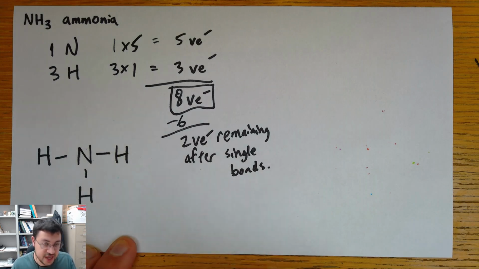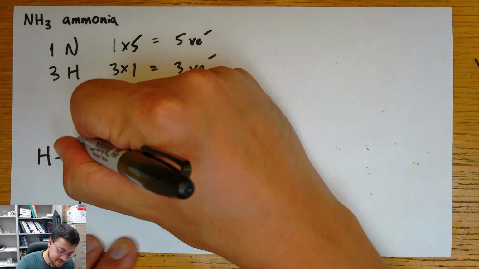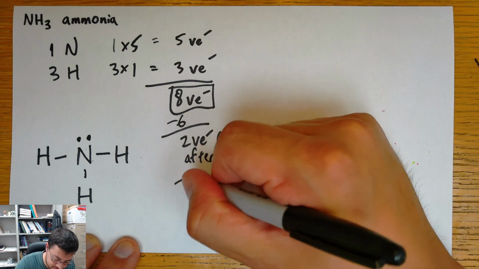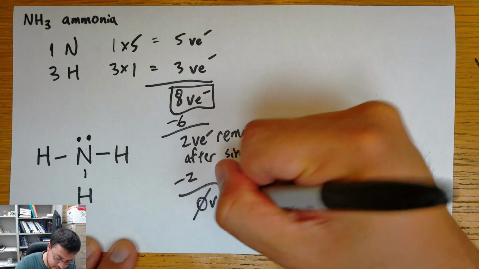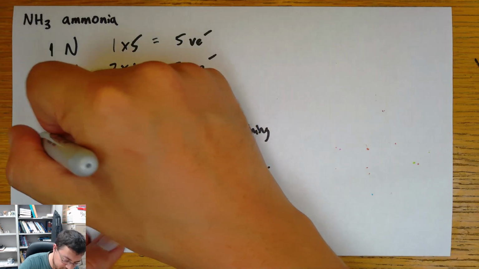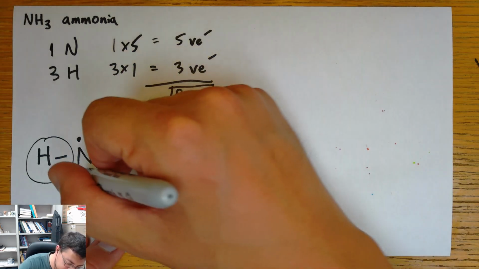Now we have to see if nitrogen is at an octet. 2, 4, 6, it needs 2 more. Well, we have 2 more left to spend. And so that worked out pretty nicely. 0 left.